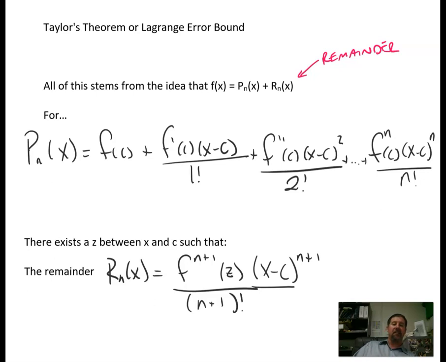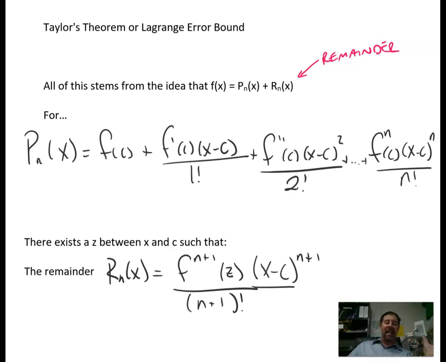The derivative f of n plus 1 at z, times x minus c to the n plus 1 over n plus 1 factorial. I relate this back to that first neglected term. So there's going to be some z value that makes the remainder equal to the amount of error.